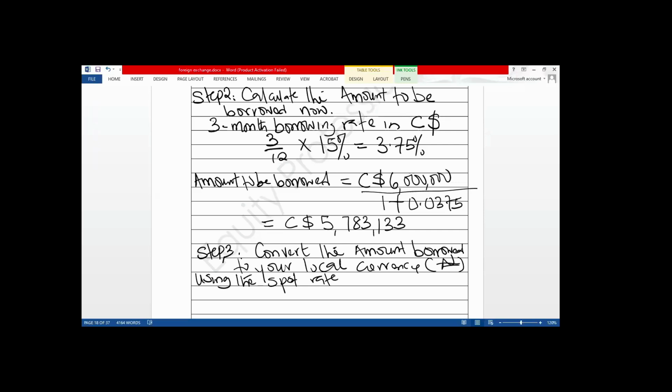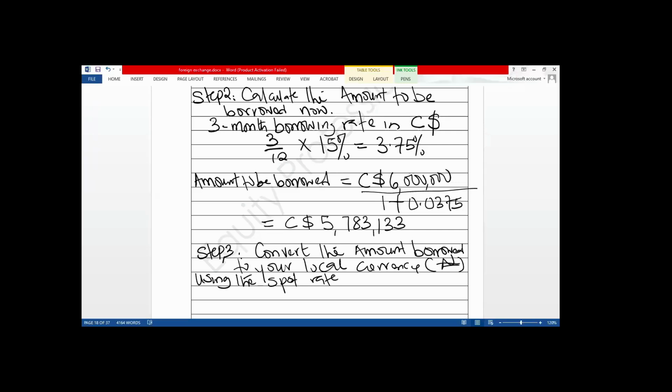The amount you borrow now plus the interest you pay on your borrowing should give you 6 million in 3 months' time. That means the 6 million is the future value.